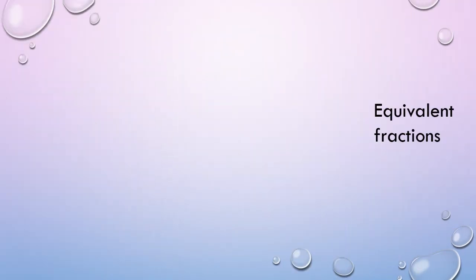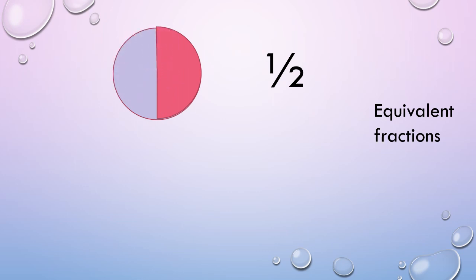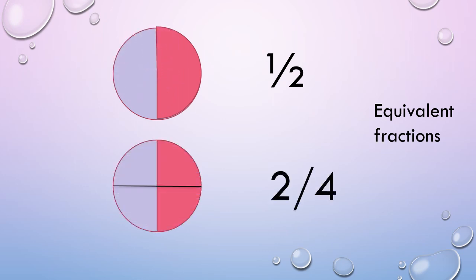The next topic we're going to learn about is equivalent fractions. This is 1/2, a basic fraction, and this is 2/4, another fraction. So this is 1/2, and this is each 1/4, which makes 2/4. So these two are equal, and that's what equivalent means.